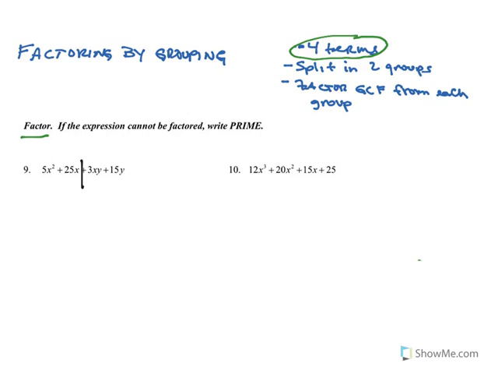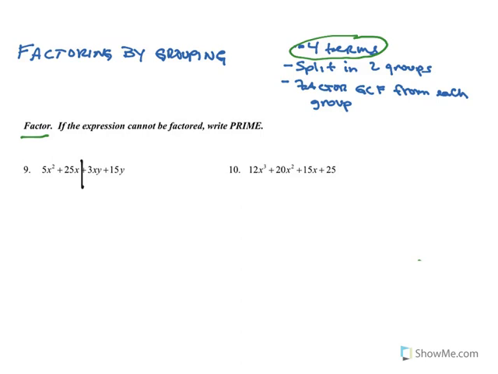The next step says factor out the greatest common factor from each group. So you have two groups, mind you. Factoring by grouping, okay, so you create groups. In the first group, we are looking for a greatest common factor. When I look at my terms, I have a 5x squared and a 25x.